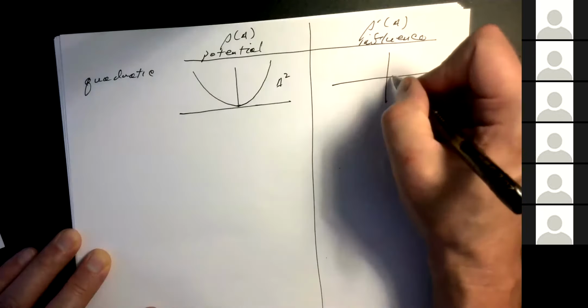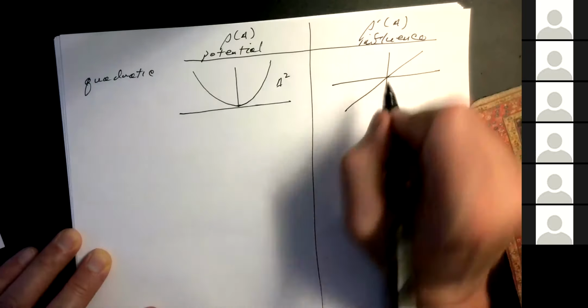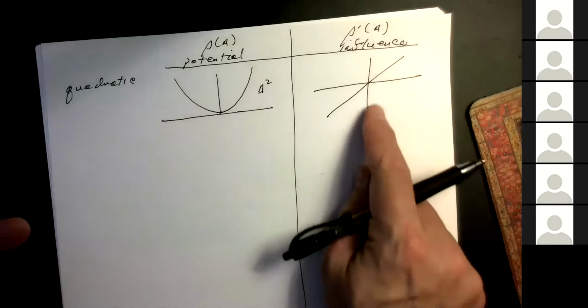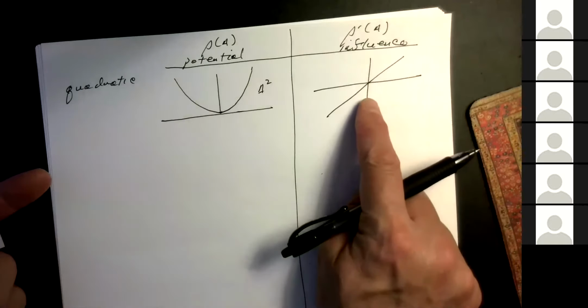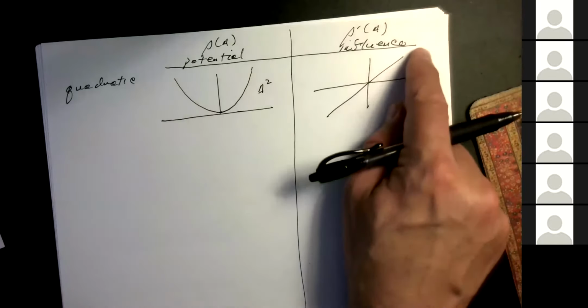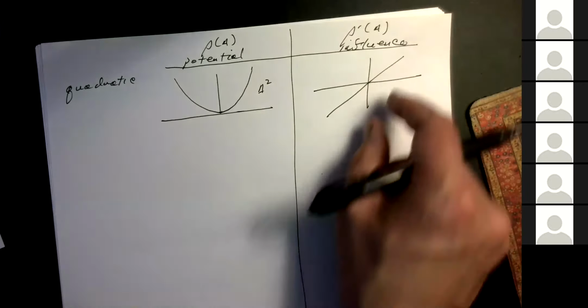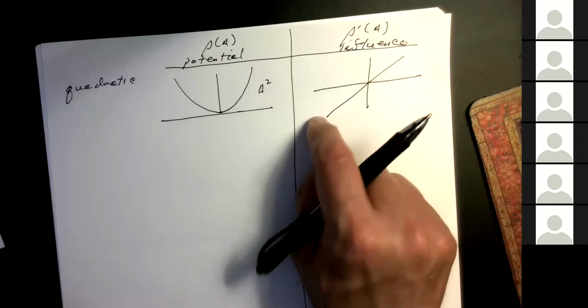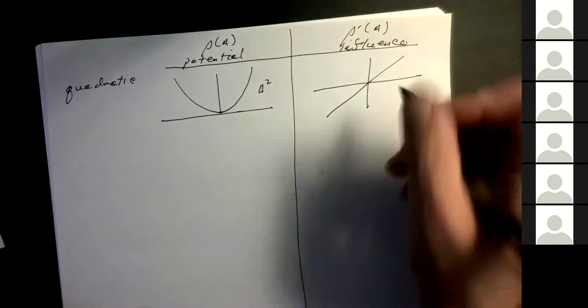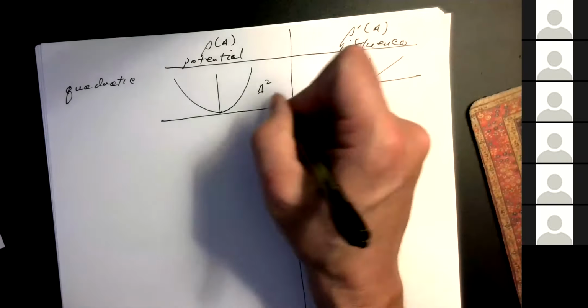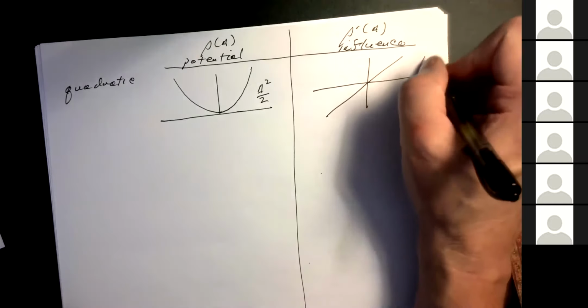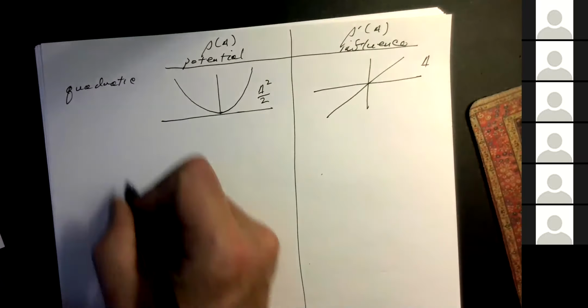The influence function looks like this, and it tells you how much influence a pixel has on its neighbors. This says the influence is unbounded, because the function just goes to infinity, and the derivative is delta. This corresponds to Gaussian.